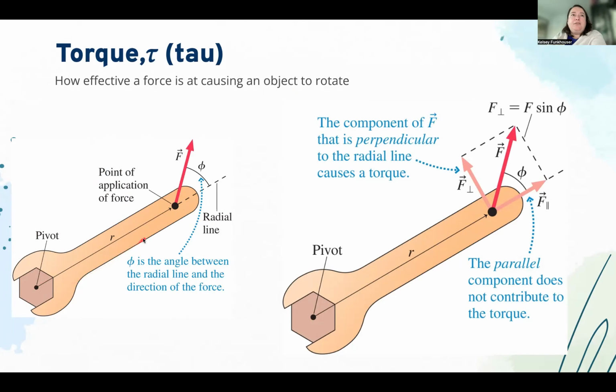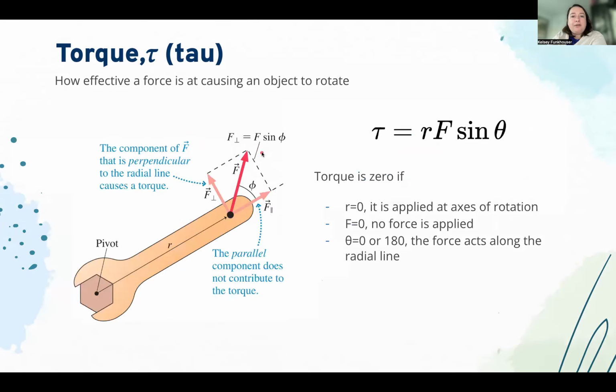And then the force in this example acts near the other end of the wrench, and it is applied at this angle from the radial line, which is just the line from the pivot point to where the force acts. So in general, torque is given by the equation: r, the distance from the pivot, times the force, times the sine of the angle between the force and the radial line.